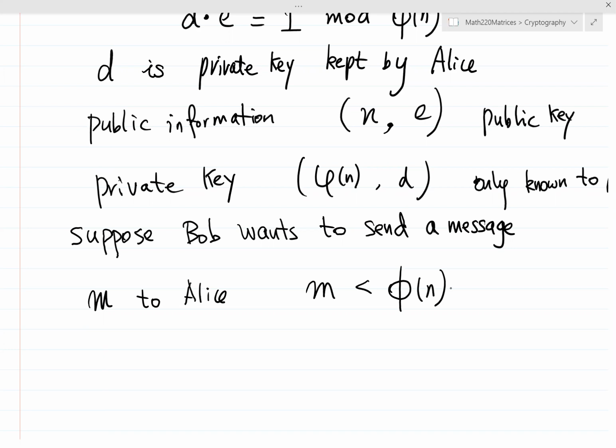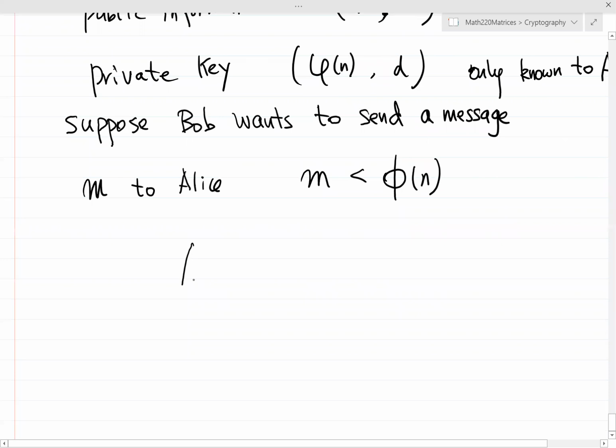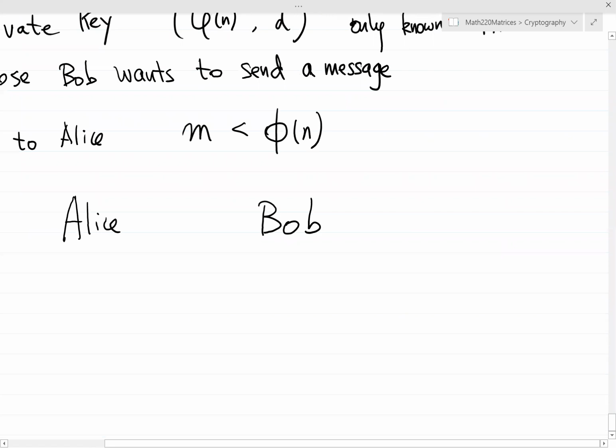Because Alice already published her public key N and E, this is known to everyone. So suppose this is Alice and this is Bob.